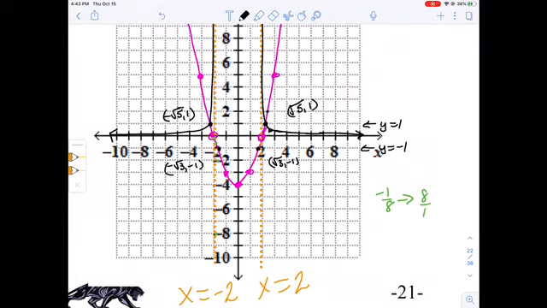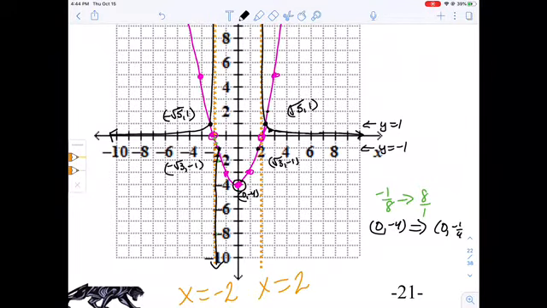So my graph, all the way until I get to negative 1, because the reciprocal of negative 1 is negative 1, is going to intersect right there. And then I know my highest point here, this little vertex, was 0, negative 4. 0, negative 4 is going to become 0, negative 1/4.